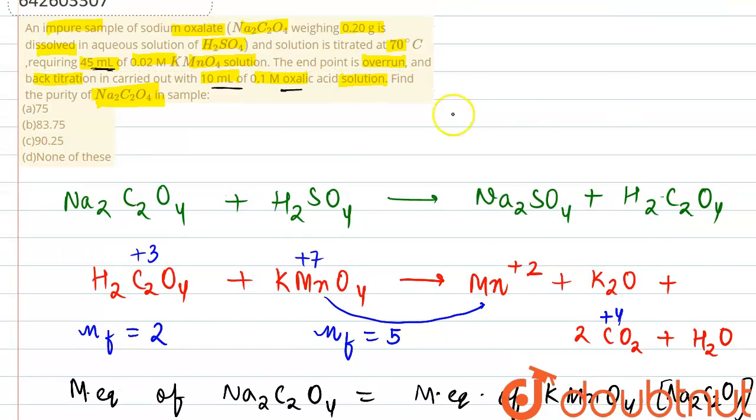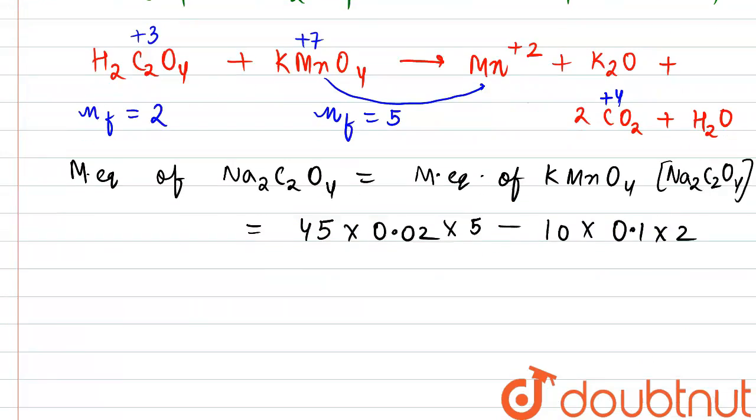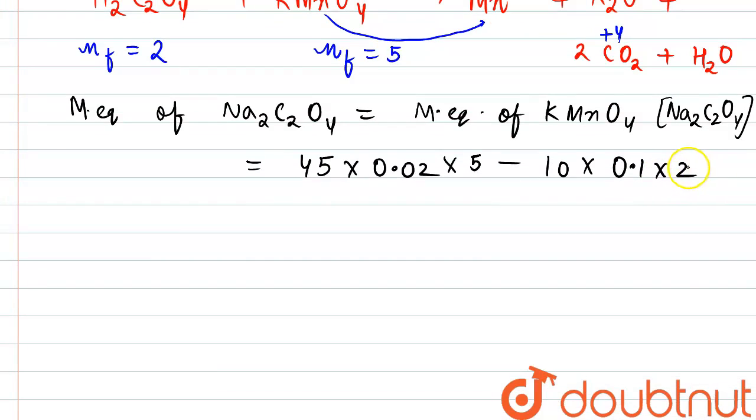How did this come? Because from the same data, 10 ml of 0.1 molar oxalic acid is multiplied with the N factor of oxalic acid, that is 2. On solving this we get 2.5 milli equivalents of Na2C2O4.